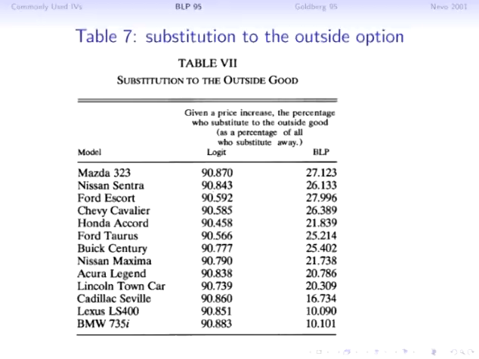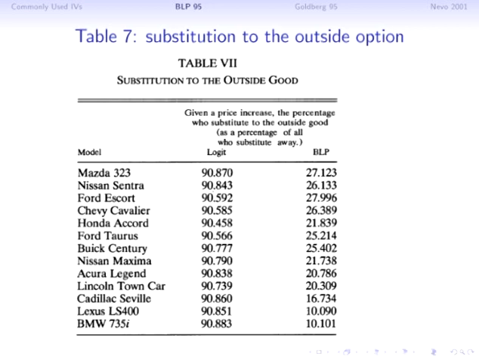In this market, the market size is defined such that there's a 90% share of people who don't buy cars. By the way, the market here is defined as the number of households in the U.S. So in any given year, only about 10% of households buy cars. So regardless of whether you're not going to purchase a very expensive BMW or a cheap Mazda, you substitute with the same fraction to the outside good. Okay? That's in the logit.